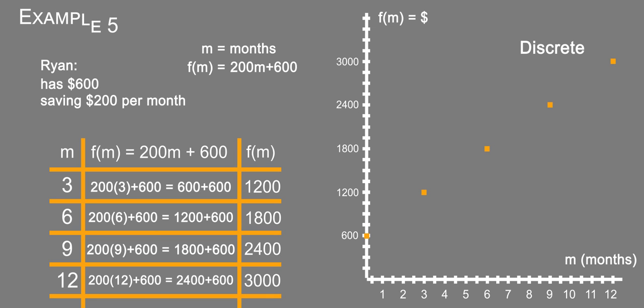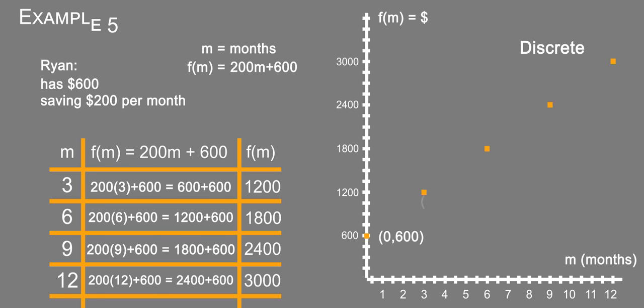And then we're asked to interpret the points. Each point is simply what he has saved, y, or f of m, at each month, m. So in other words, for, let's say, 0, 600, that means it's been 0 months, and he's saved $600.